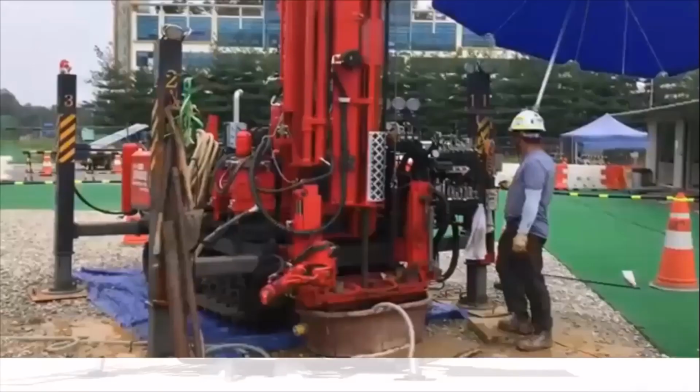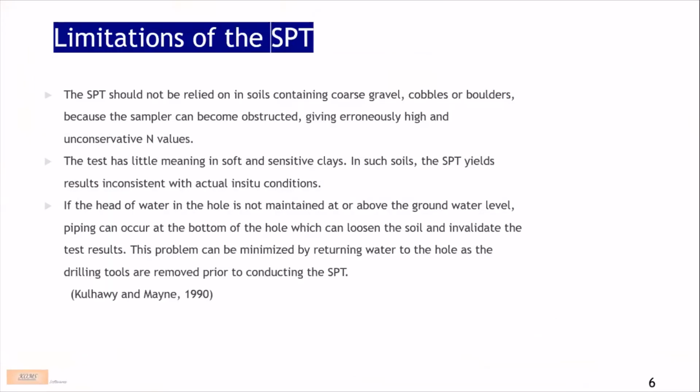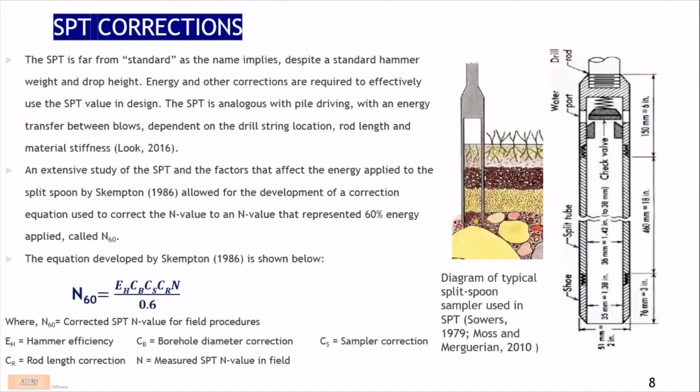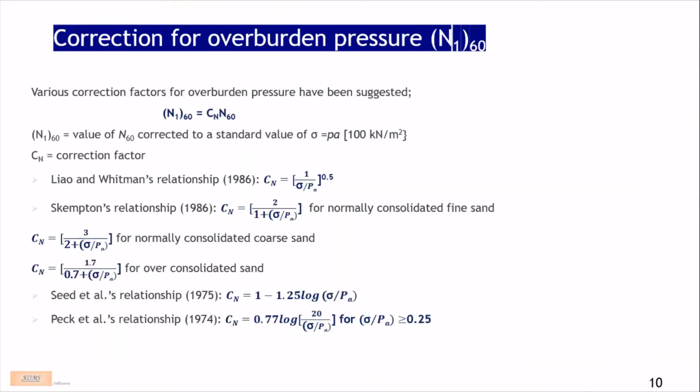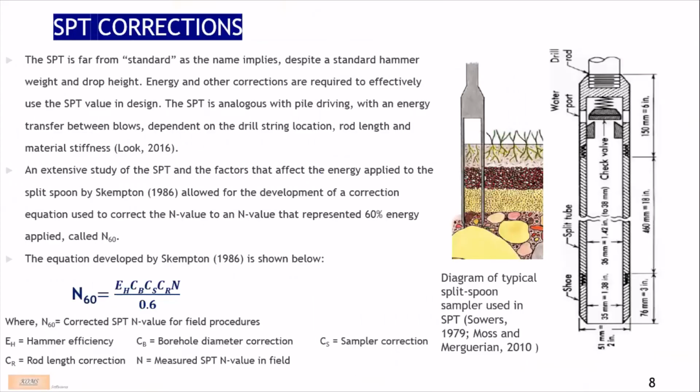So initially, I put up a slide explaining some of how these correlations were determined. For the N60 value, Skempton 1986 gave these correlations to get the correction for field procedure. So this is the equation used in determining the N60 value.